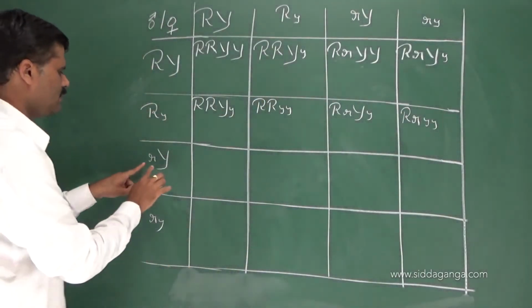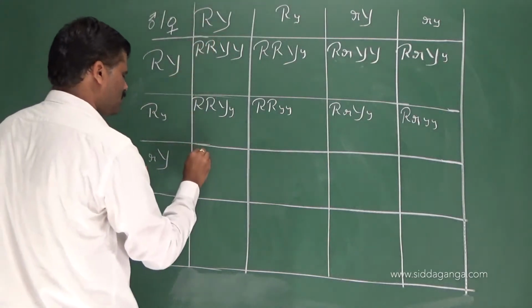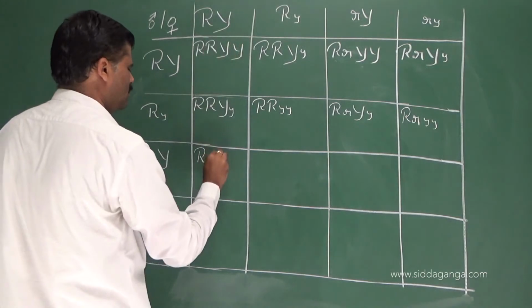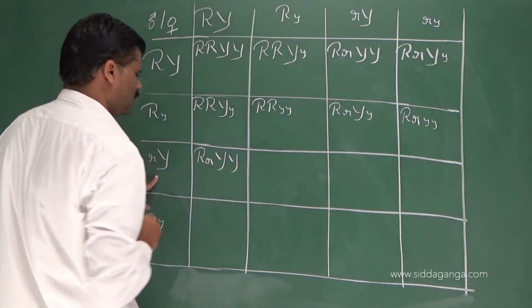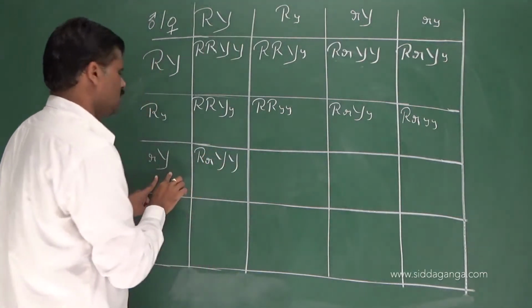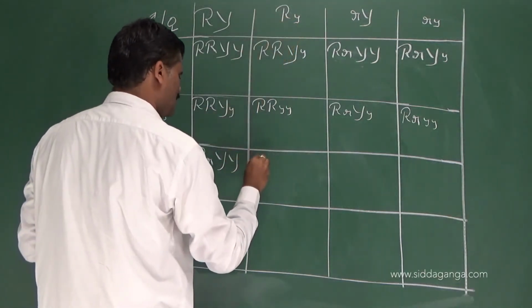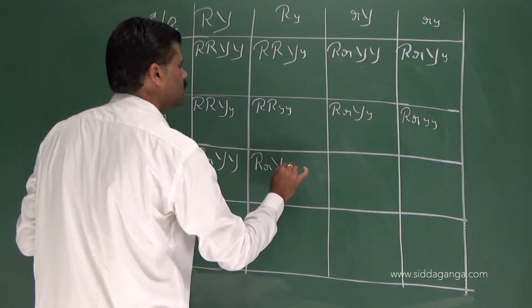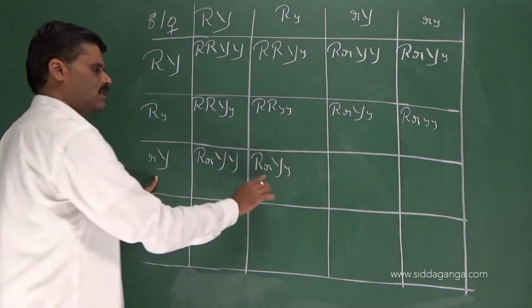Then this gamete fuses with this gamete: capital R, capital Y, capital Y. Then this gamete fuses with this gamete: capital R, capital Y, small y. Both are heterozygous.